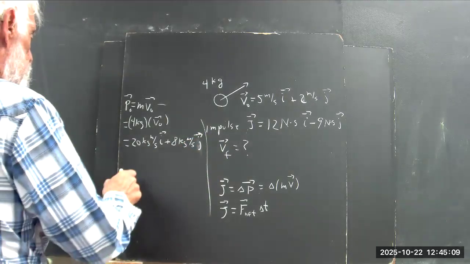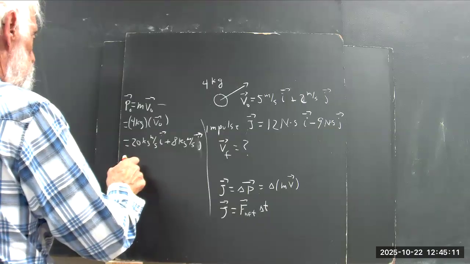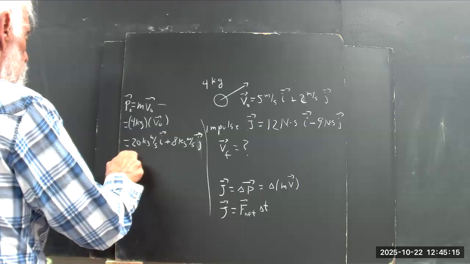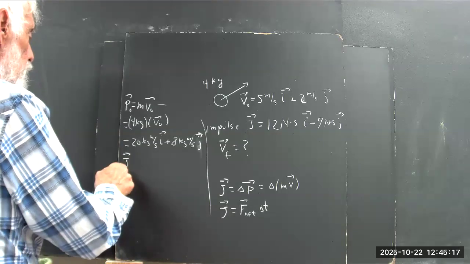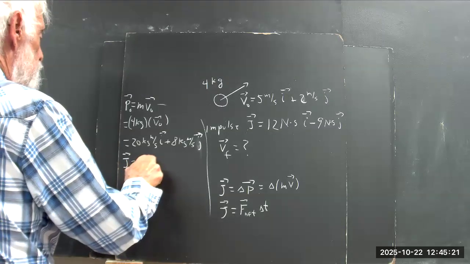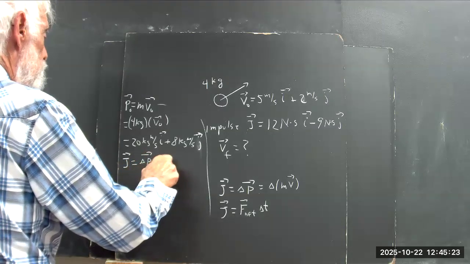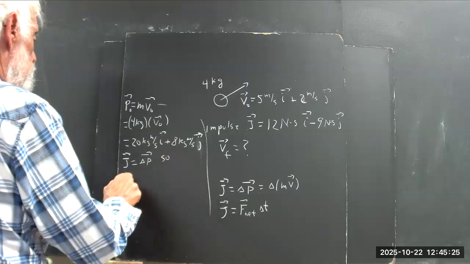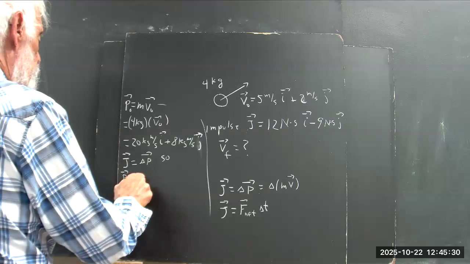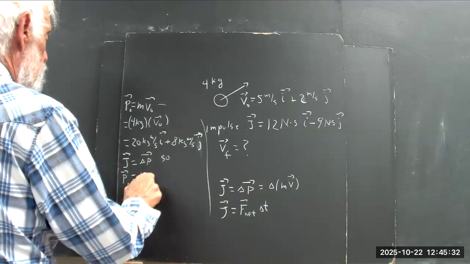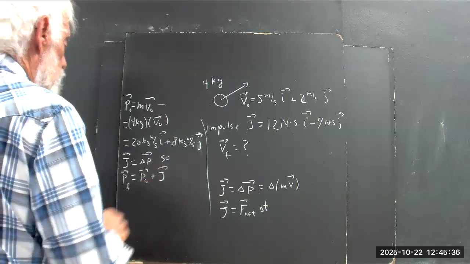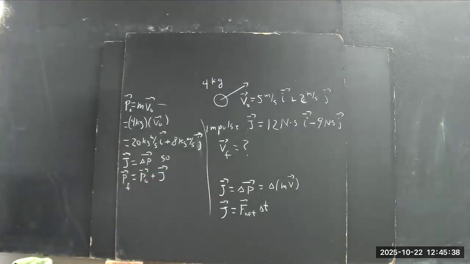So your final momentum equals your initial momentum plus your impulse.